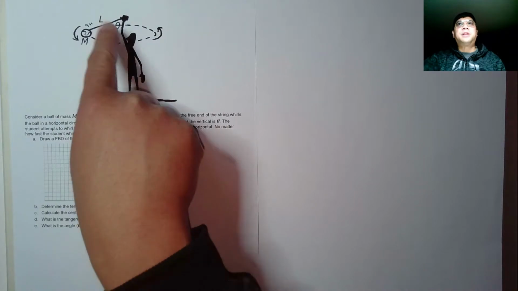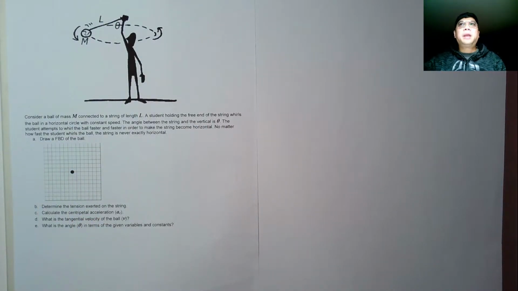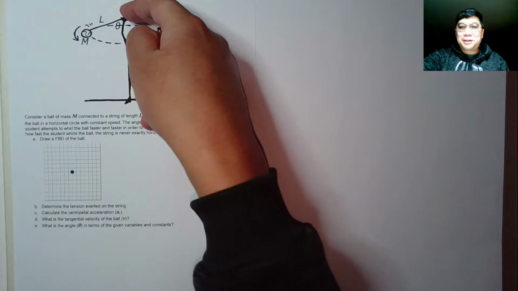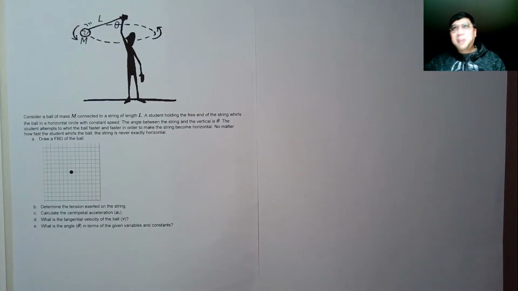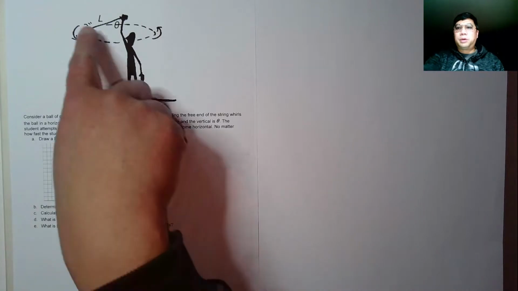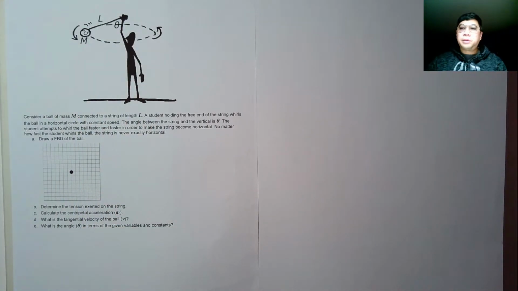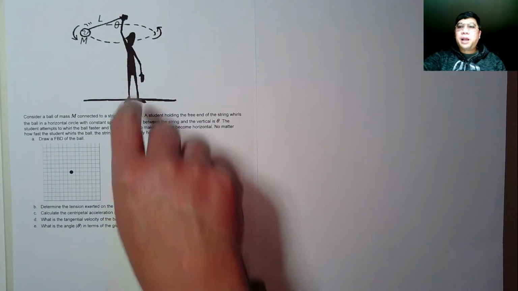We all know why we cannot have a perfect 90 degrees over here, because if that's the case, then one of the functions will be 0, which is your sine function. Sine of 90 is 0. So therefore, there's no tension along our horizontal. That's the reason why we cannot have 90.